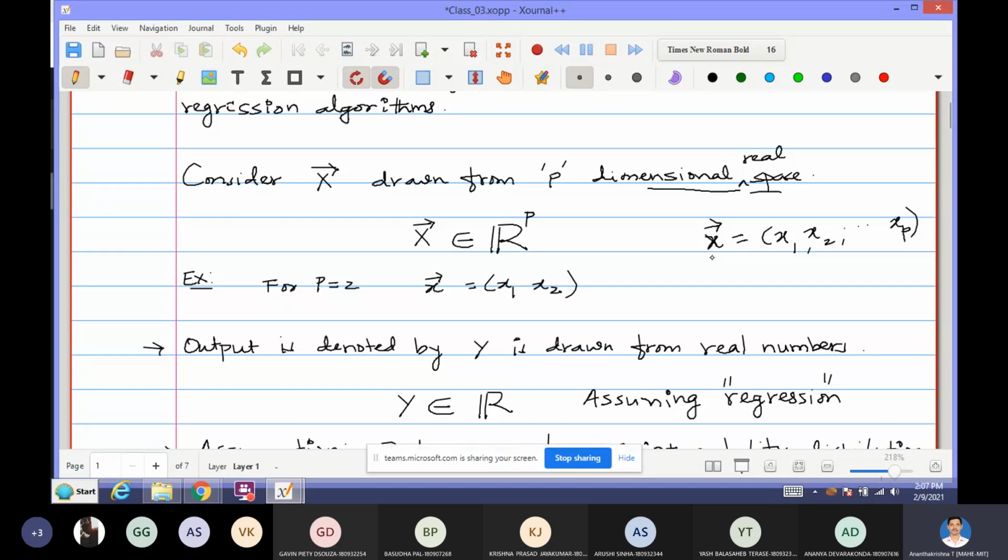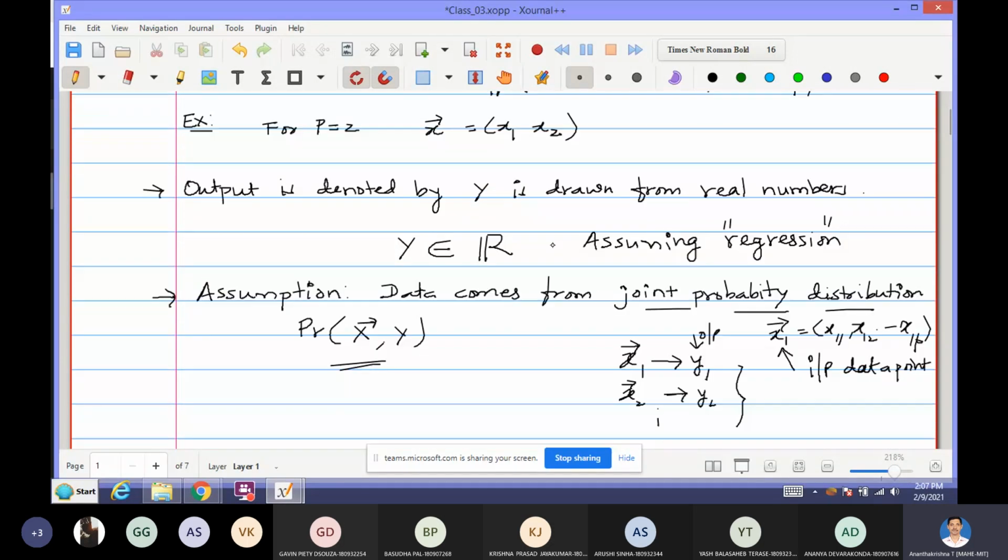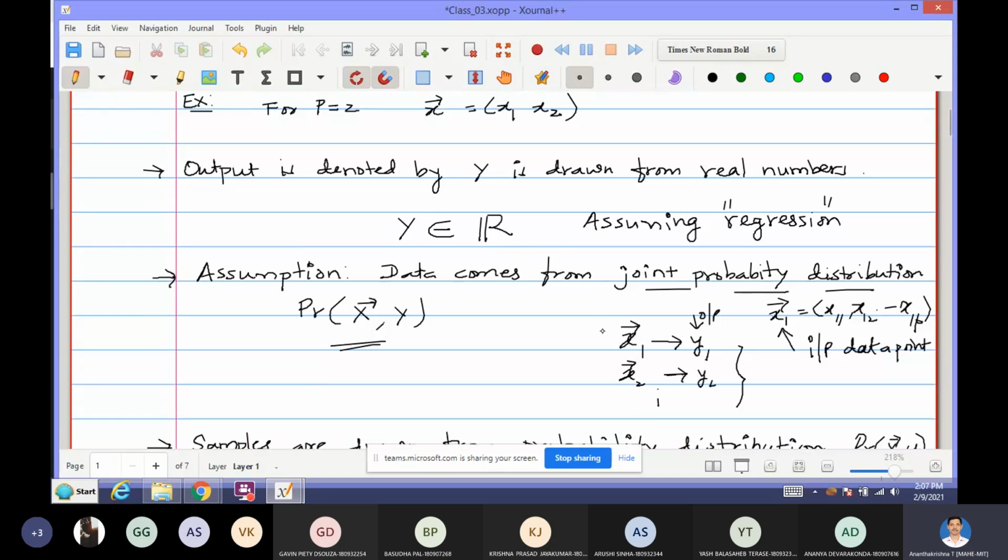And what about output? Output y is drawn from a real numbers. Why so? It is because it is a regression case. So in the regression, the output is continuous valued function, and therefore y is drawn from the simple 1D real space. Now we had made certain assumptions here.